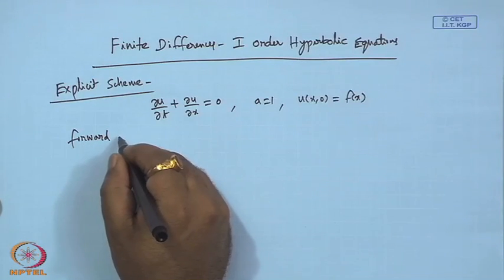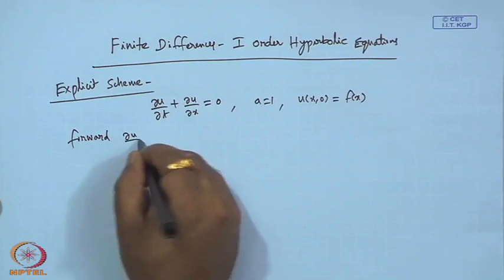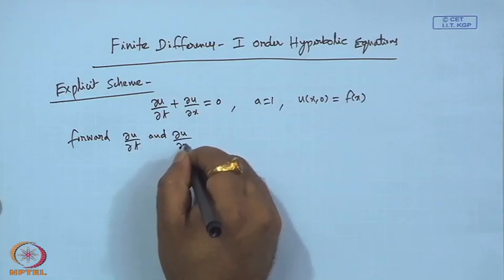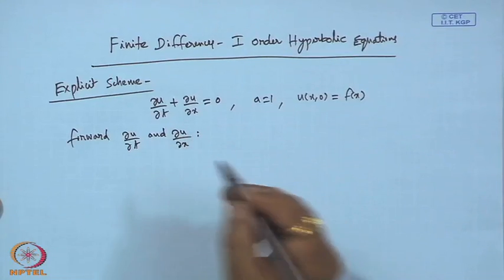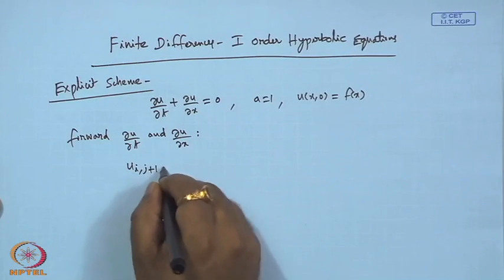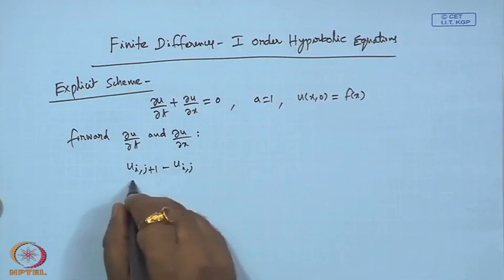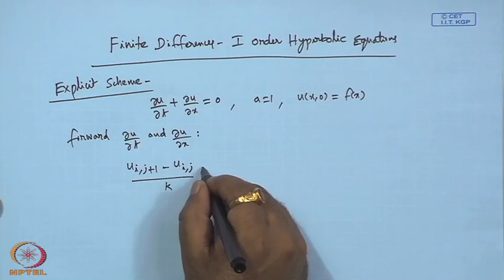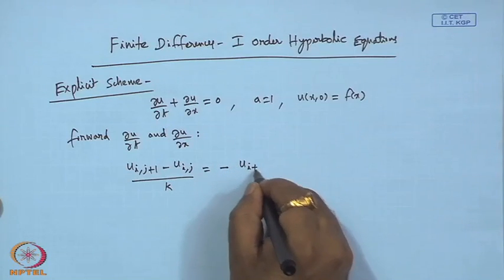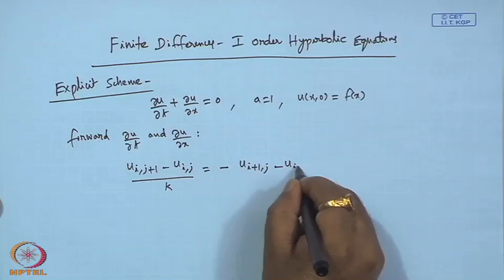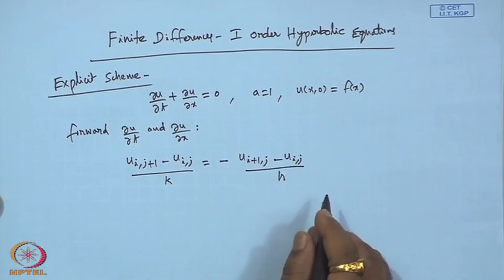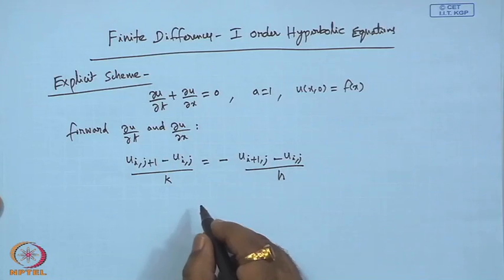Now if we go for forward difference in time and forward difference in space for both, what we get is (u_i,j+1 - u_i,j)/k + (u_i+1,j - u_i,j)/h = 0.